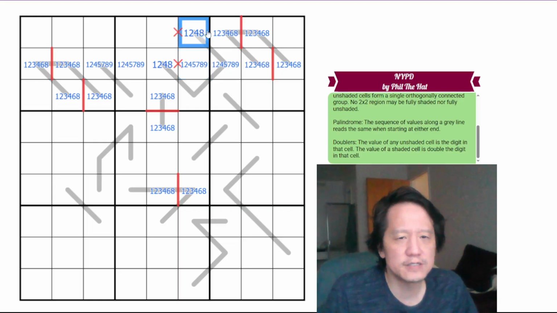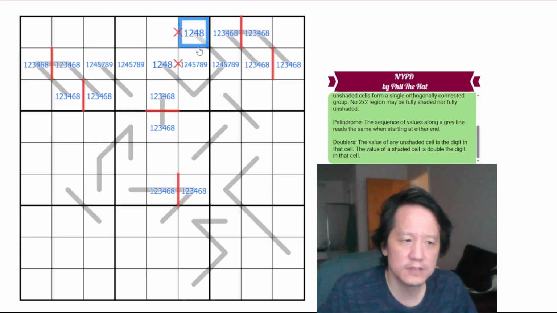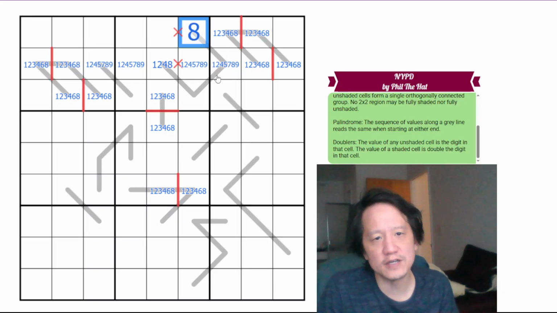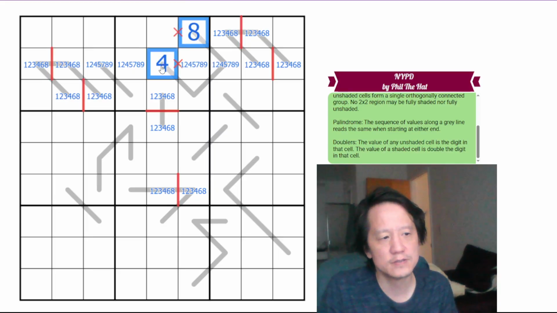Again, this as a 1, 2, 4, 8 has to be double of one of these two. If it were 8, the problem is, where could that be? So say this was an 8. If this is 8, this has to be with 4 here to be doubled of that. And the problem is, this can't be 8 or 4.